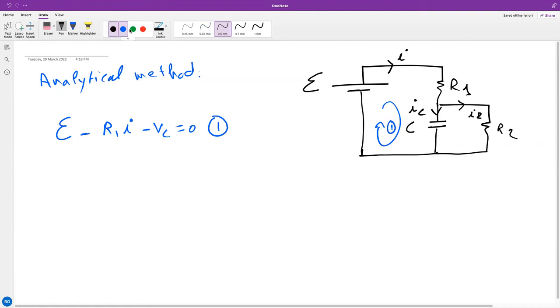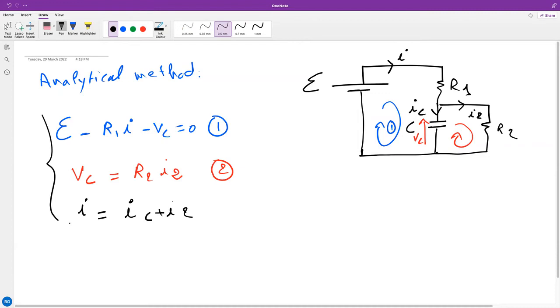Then I go to the second loop, which is very simple: the potential difference across the capacitor, VC, is equal to the potential difference across resistor number 2, which gives me equation number 2. In addition, the current I is equal to IC plus I2. So I have three rules here.